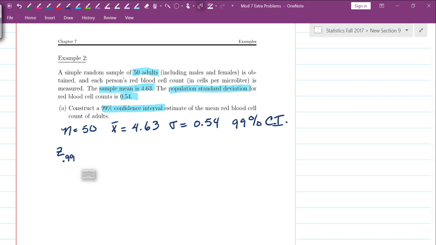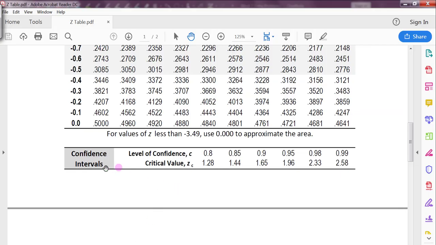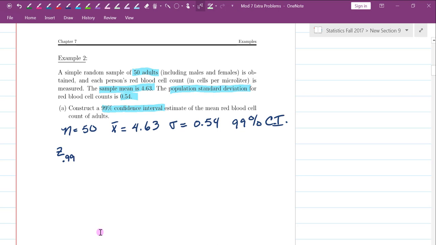So let's switch tables real quick. So 0.99 is right here. My Z value then is 2.58. So if I'm going to be calculating a confidence interval, I'm going to end up with X bar plus or minus Z sub C times sigma divided by the square root of n.